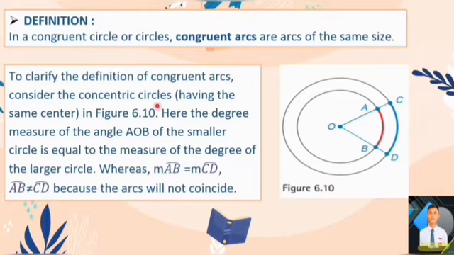Here the degree measure of angle AOB in the smaller circle is equal to that of the larger circle, so the measure of arc AB equals the measure of arc CD. But arc AB is not congruent to arc CD because the arcs will not coincide.